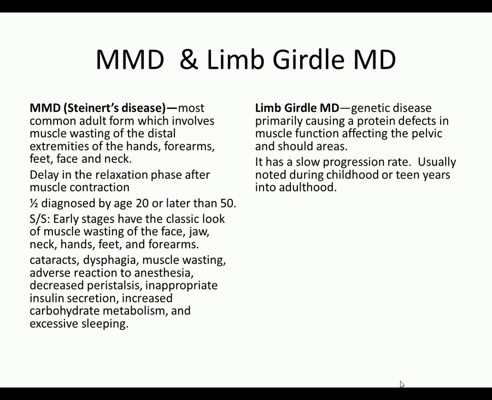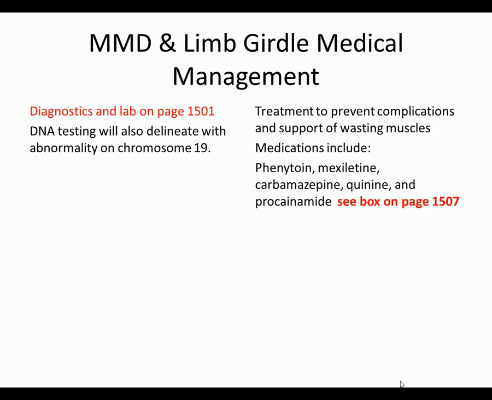Signs and symptoms. Nursing management is aimed at supporting the patient's independence and preventing complications and injury. You'll need to collaborate with PT and OT on these patients. Diagnostics and labs are, again, what I said earlier on page 1501. There's an abnormality on chromosome 19.